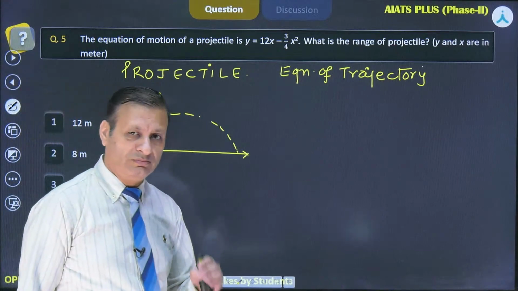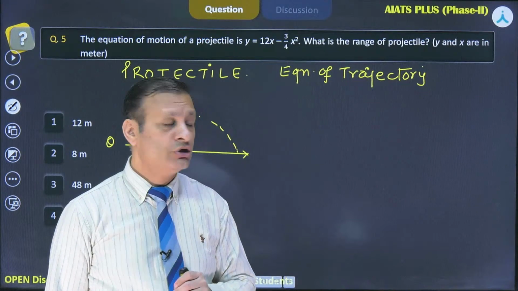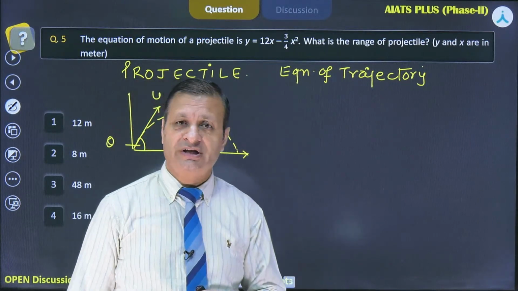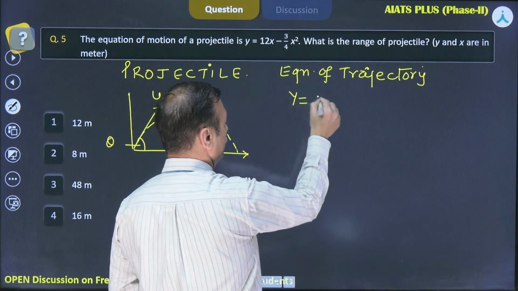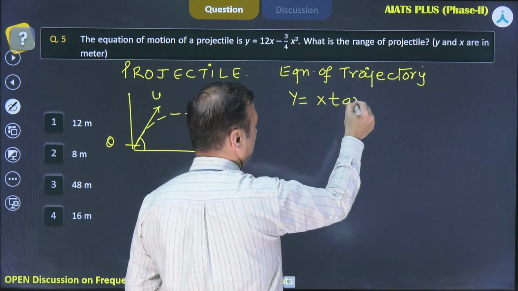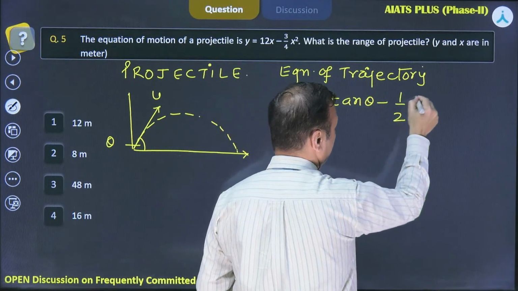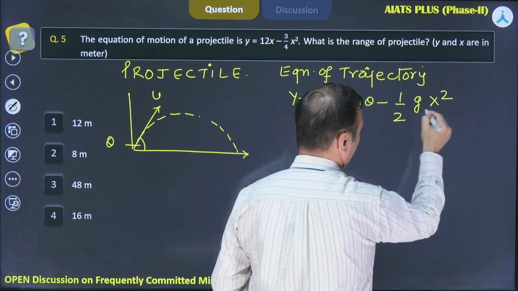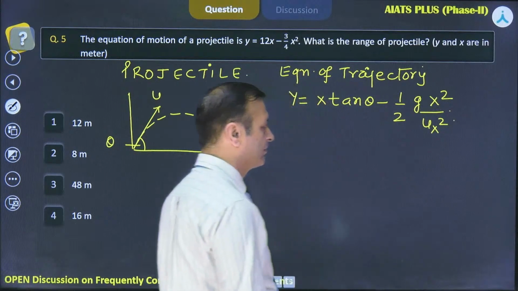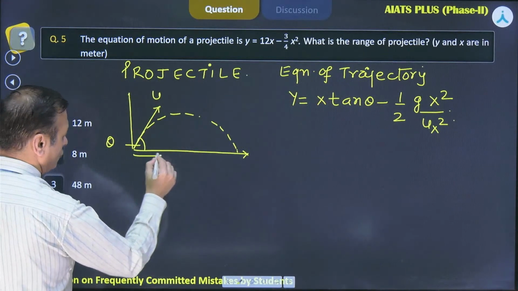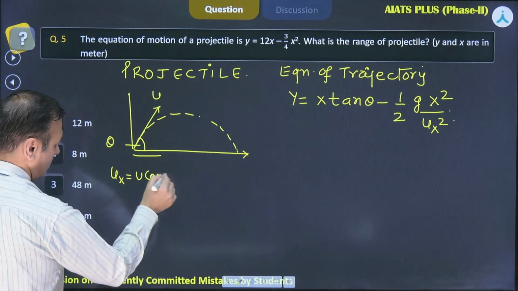So first of all, the equation involves your y and x variables. The equation of trajectory involves y and x, and we have y is equal to x tan theta minus half g x square by ux square, where we know your ux is u cos theta.